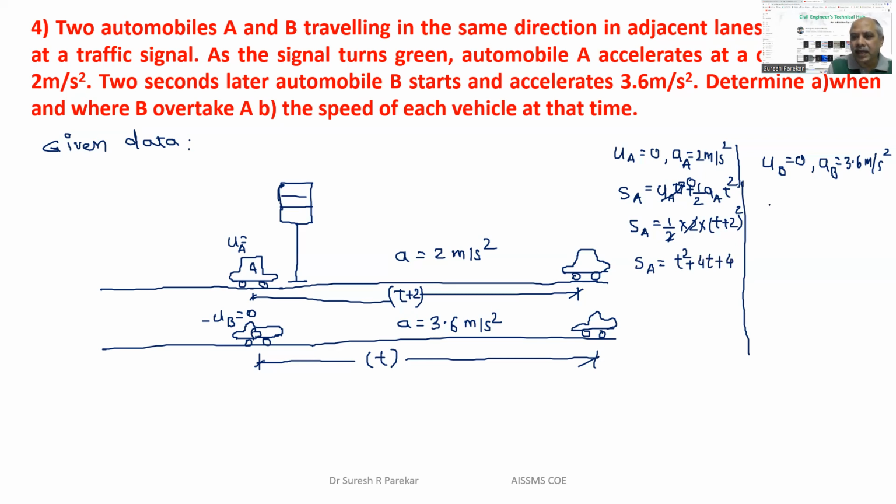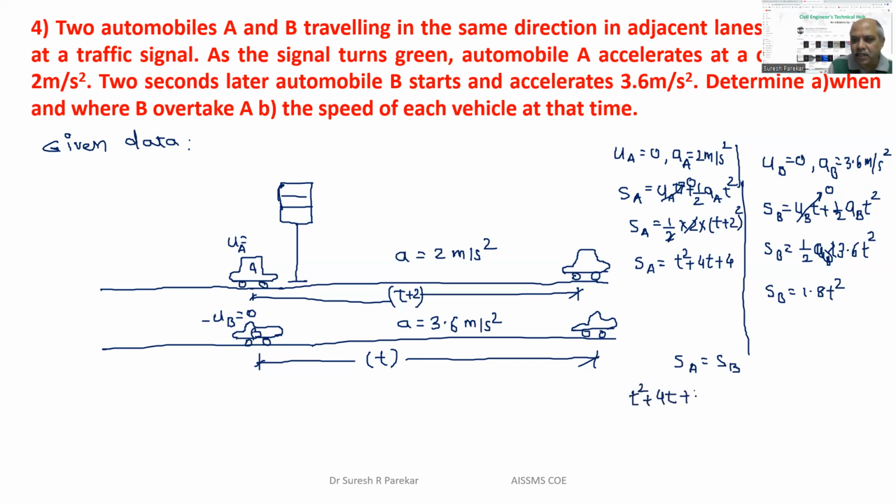Now here I will write SB equal to UBT plus half ABT square. Again UB is 0. So we have SB equal to half AB, and here AB is 3.6, into t square. So SB we will get 1.8 t square. Now we have SA equal to SB because B overtakes, and therefore t square plus 4t plus 4 equal to 1.8 t square.